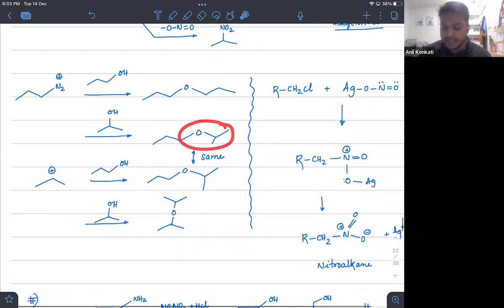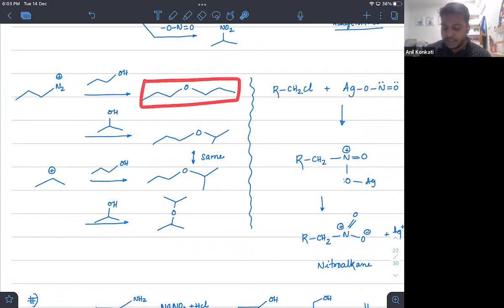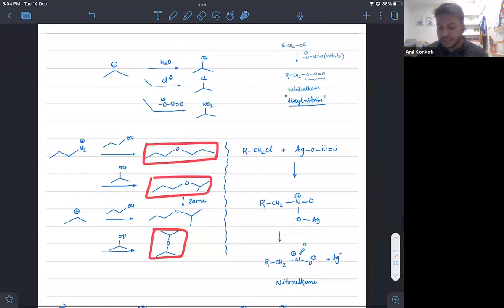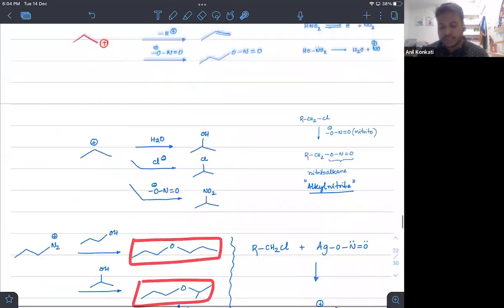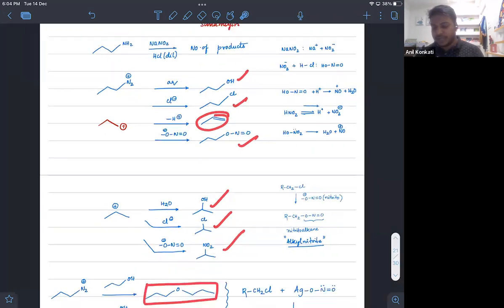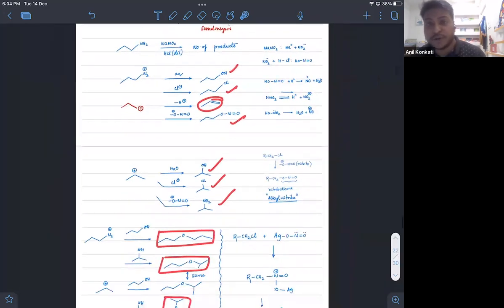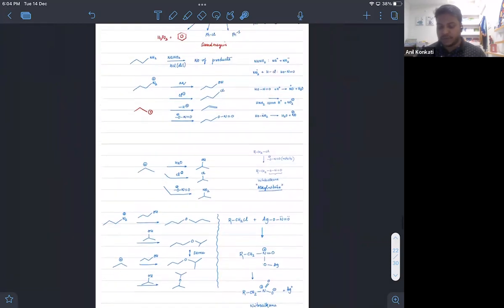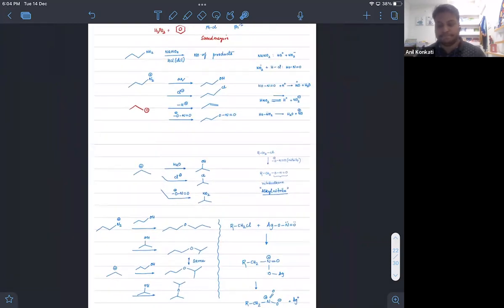So there are three distinct ethers we can get: one, two, and three. So three ethers, two alcohols, two alkyl halides, two nitro groups, and one alkene. These are the total types of products you can get. So almost 9 products are what you are expected to form here. I hope all of you understood that.